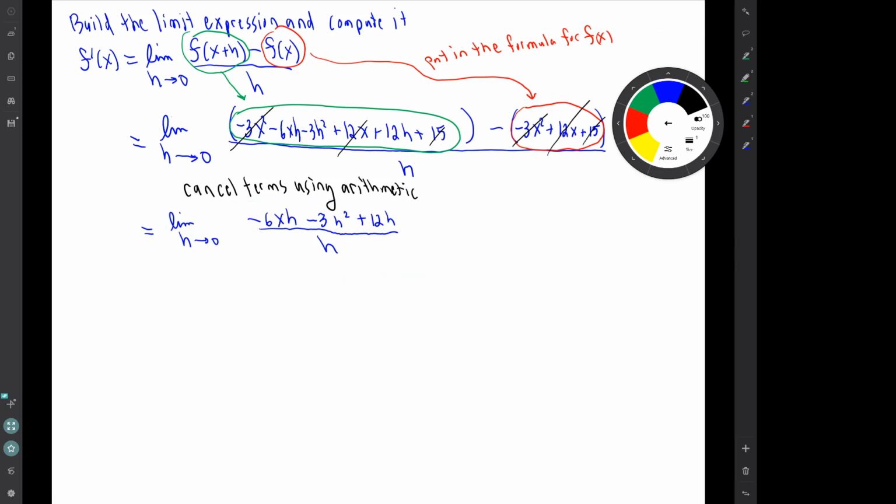Now, it looks like we can cancel some h's here, but as has happened many times in this course, we have to be very careful and very clear about our cancellation. Now, I want to set the cancellation up so it's very obvious what it is that we're canceling. So in order to do that, I'm going to factor out an h in the numerator.